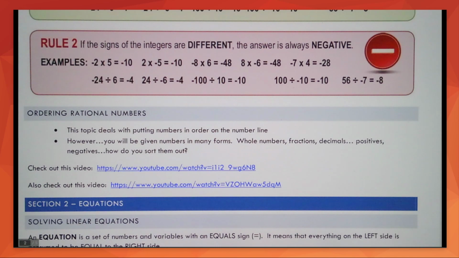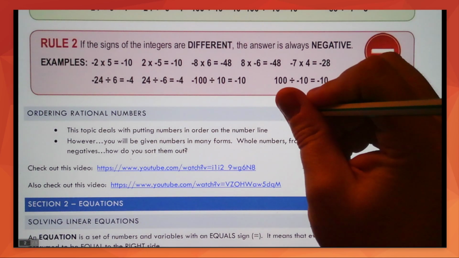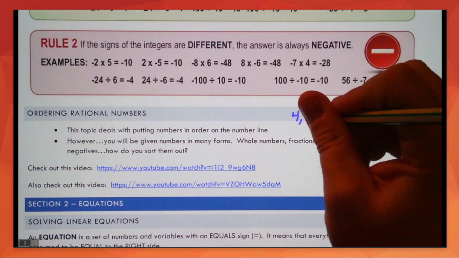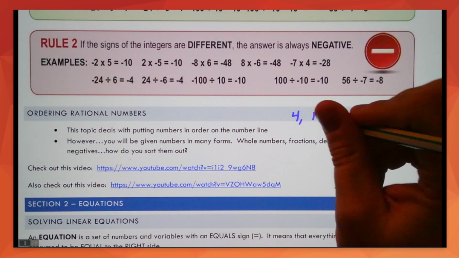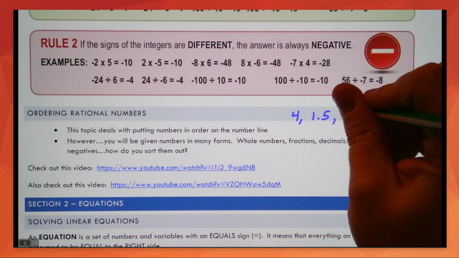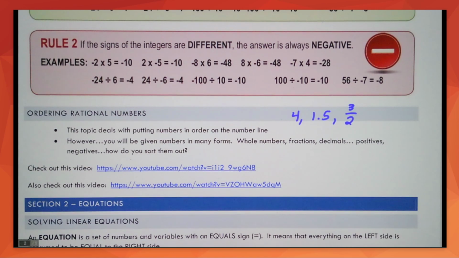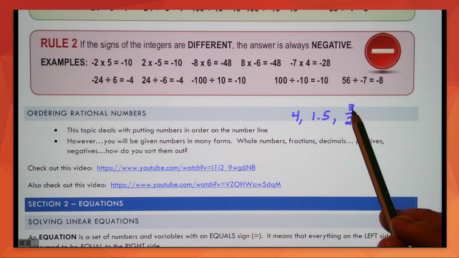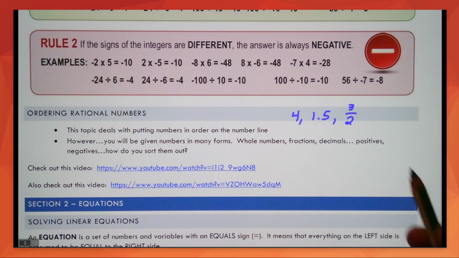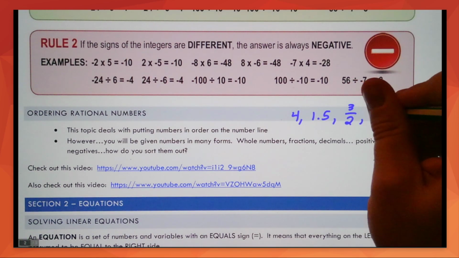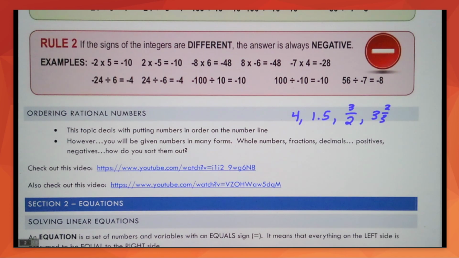Suppose that you were given a list of numbers like 1.5, so that's a decimal, and 3 over 2, that's an improper fraction, because the numerator is bigger than the denominator. And then you have a mixed number like 3 and 2/3. How do you put these numbers in order from the smallest to the largest?